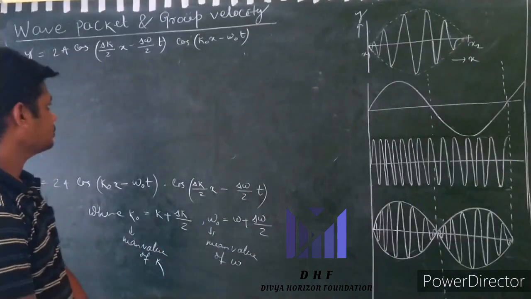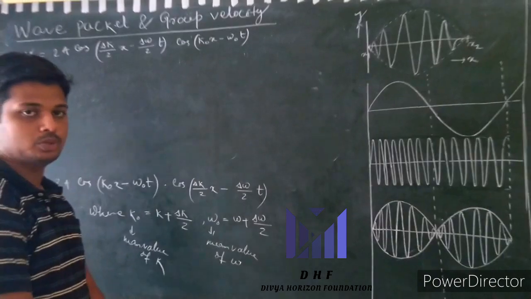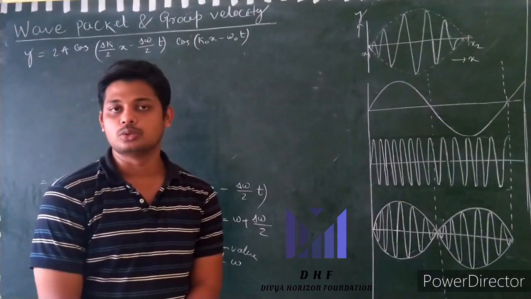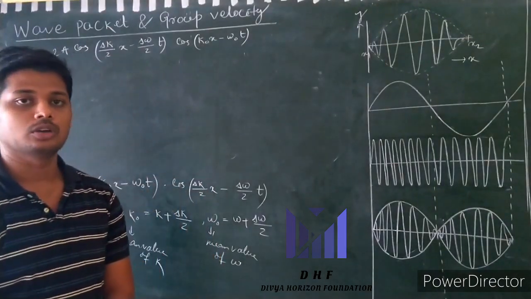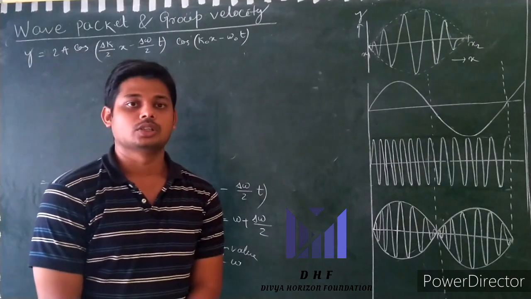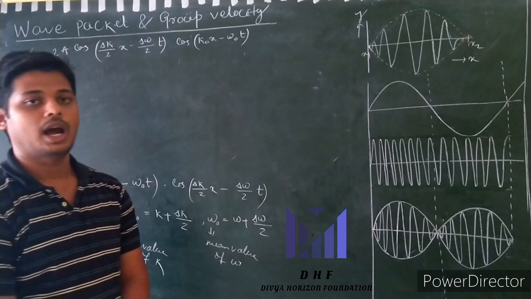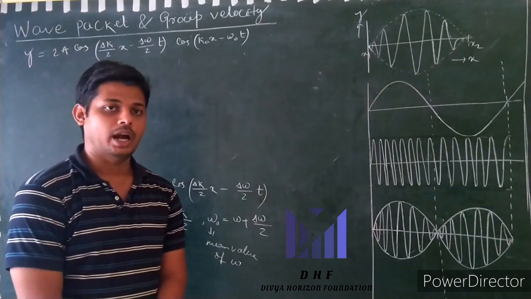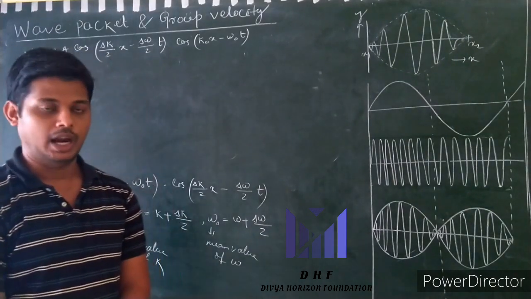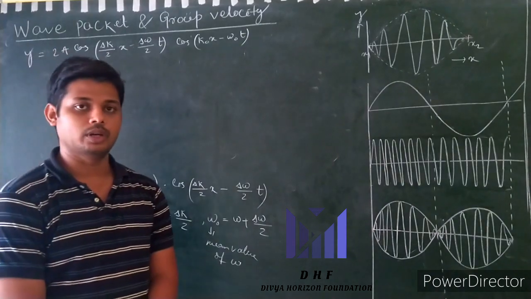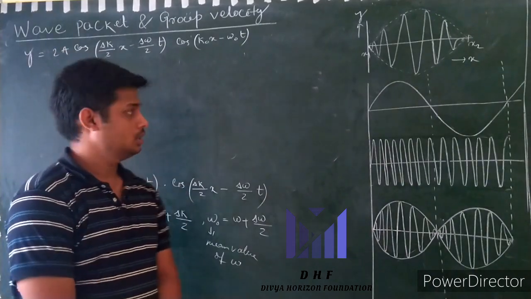For that, we will first decide the shape of the waveform at time t is equal to 0 and the shape of the waveform at time t is equal to del t, and then we will proceed to calculate the group velocity.